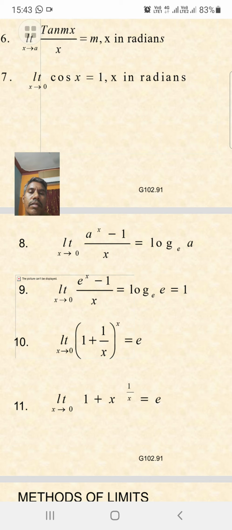Ninth one, limit x tends to 0, e power x minus 1 by x equals log e to the base e, equals 1. Limit x tends to infinity, 1 plus 1 by x whole power x equals e. Limit x tends to 0, 1 plus x whole power 1 by x equals e.